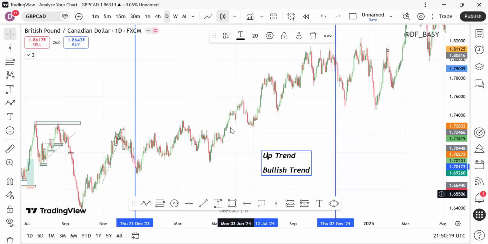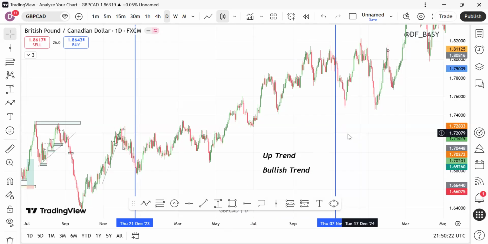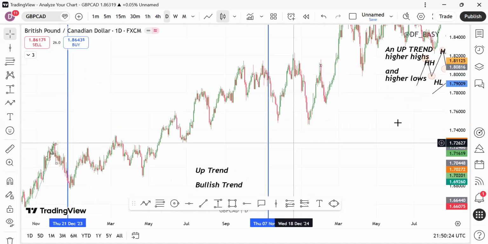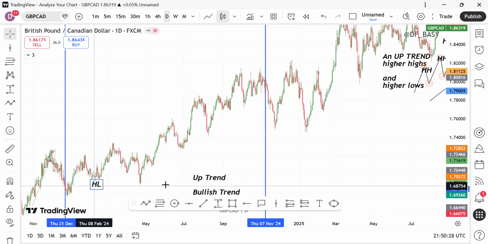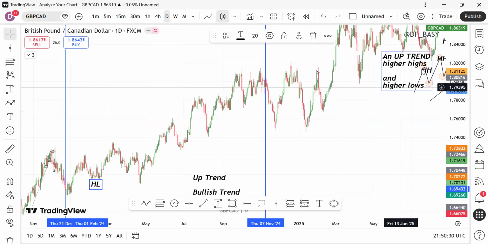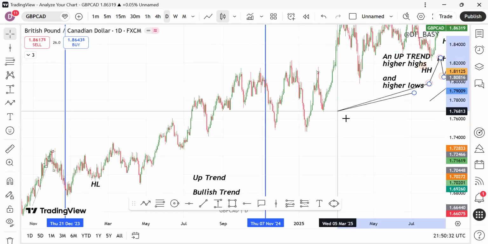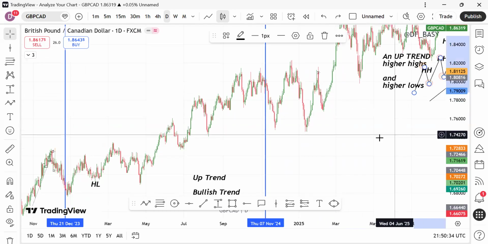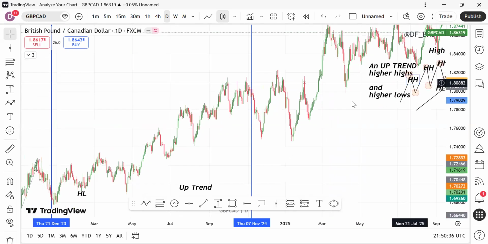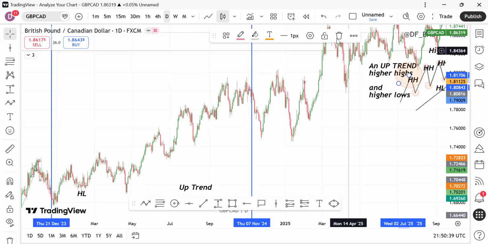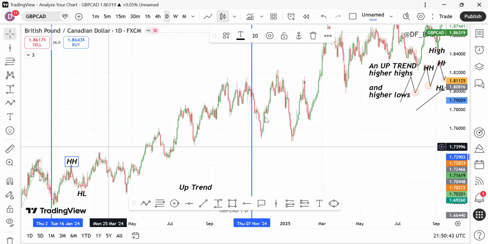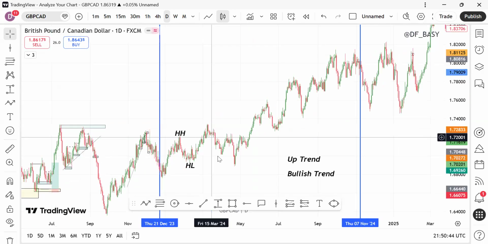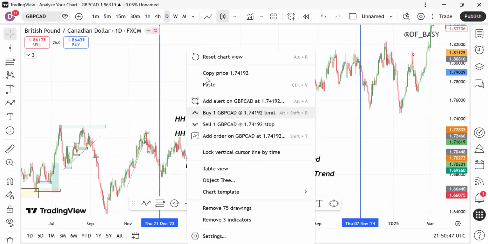So what has the market done over here? The market has created a series of higher lows and higher highs. This is a higher low. This is a higher high. We mark it out for you guys.